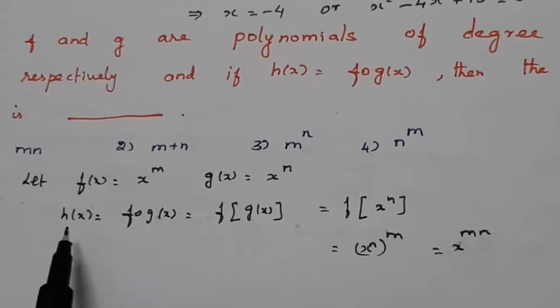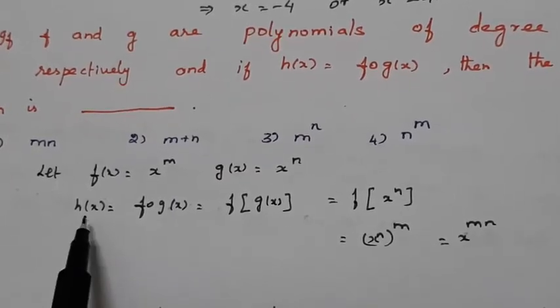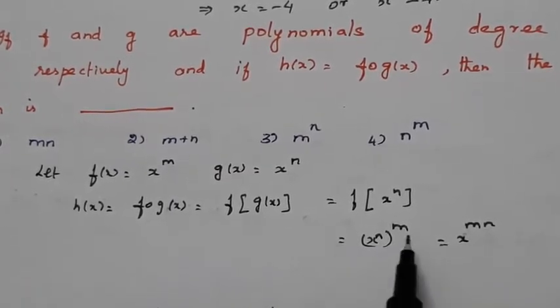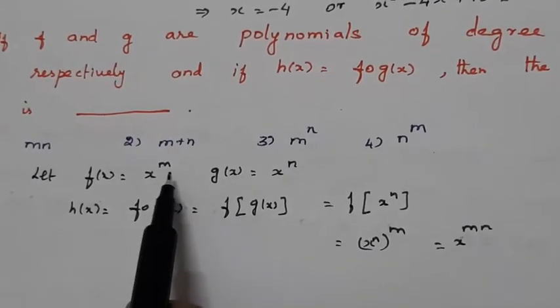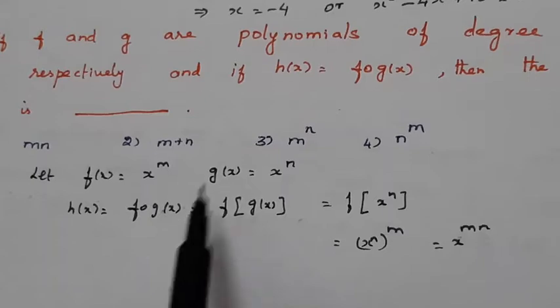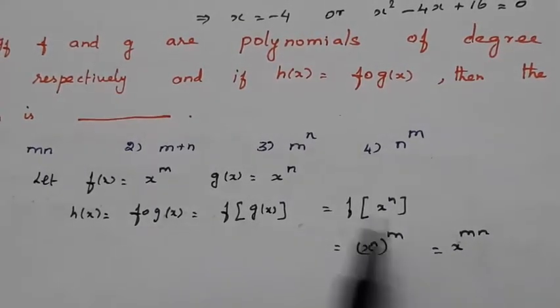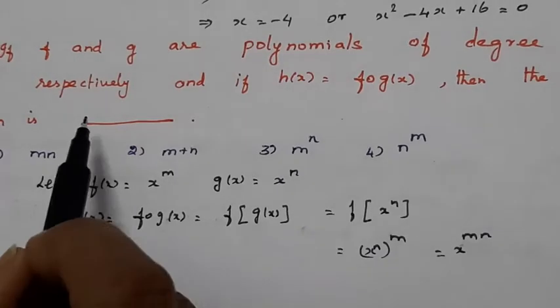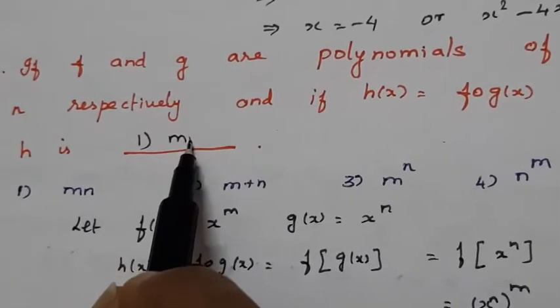So it is a polynomial of degree mn. So h of x, that is f composite g of x, is also a polynomial of degree mn. I have taken only the leading coefficient; other coefficients are taken to be 0, right. Therefore, the degree of h of x is mn, and this is given in option number 1. So, the answer for the second question is option number 1, mn.